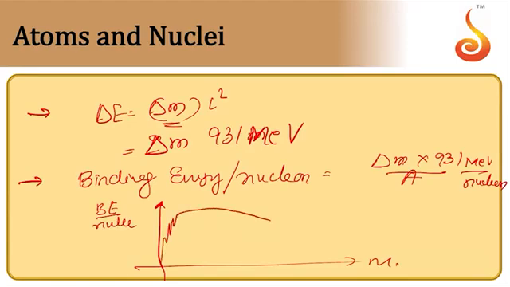Corresponding to a mass number of 50, we notice that binding energy per nucleon is maximum. That means it gives you a quotient of stability. So this is the most stable nucleus.